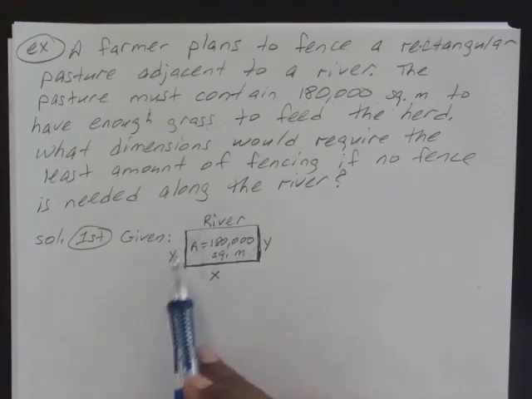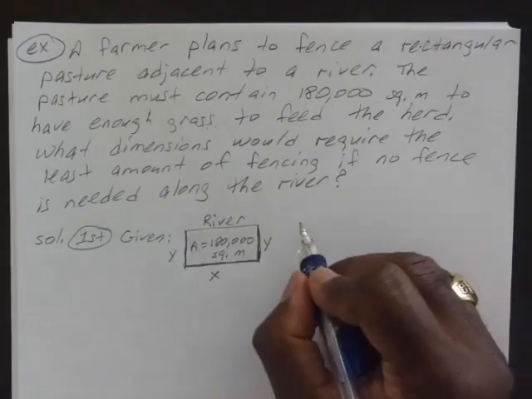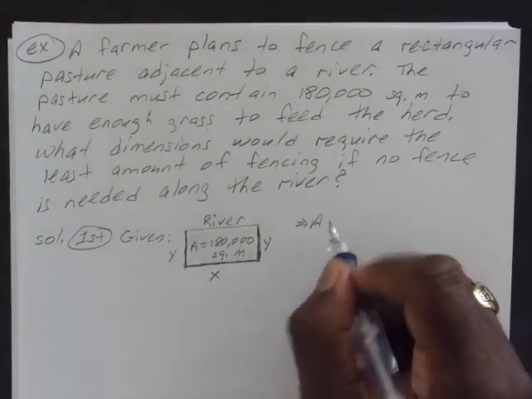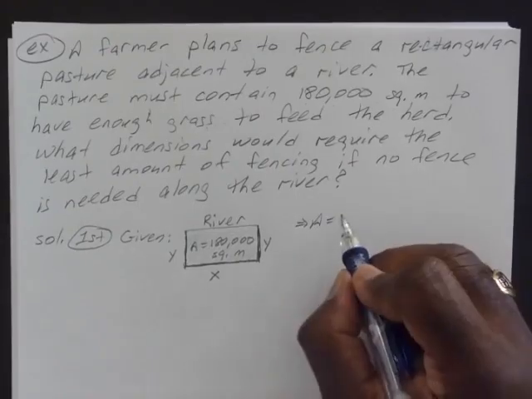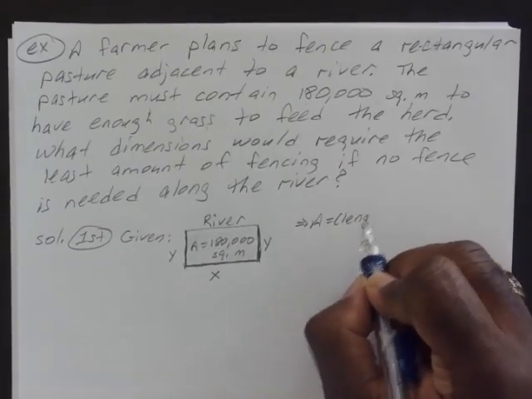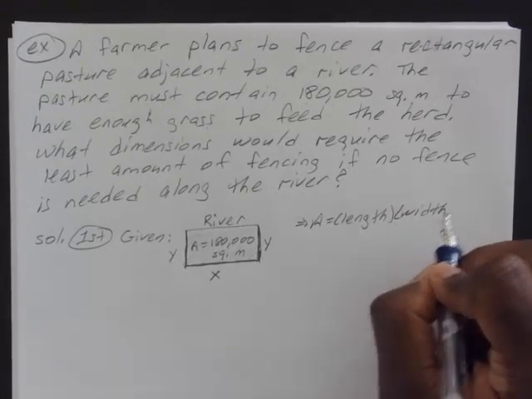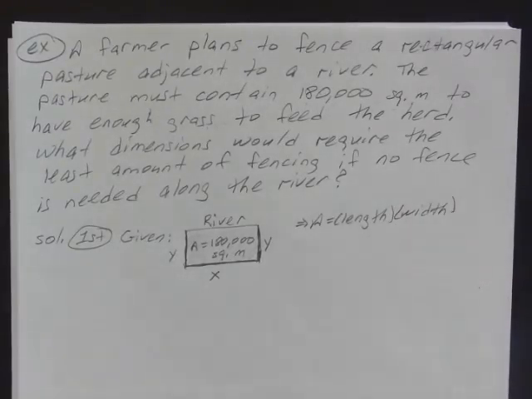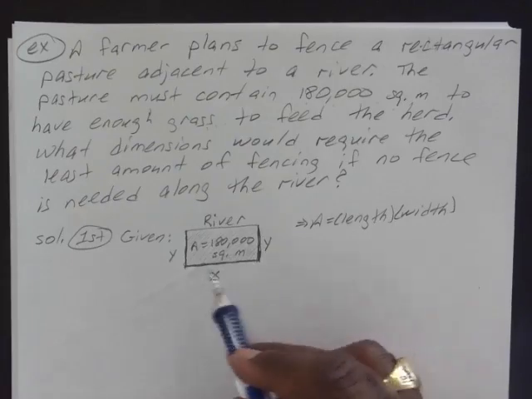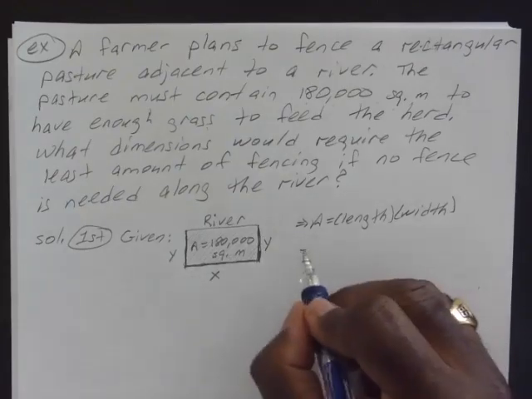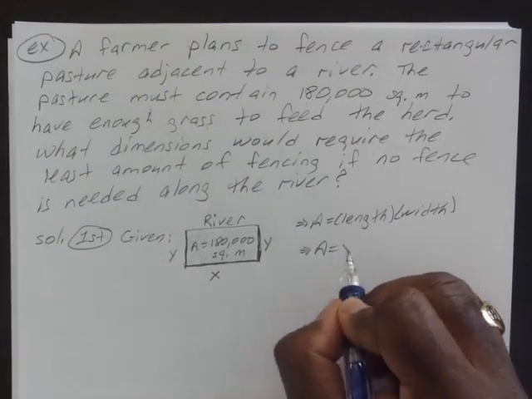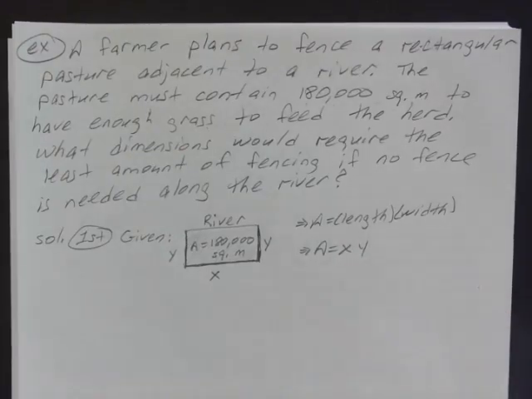Okay, so we know the area of this rectangular pasture is equal to the length times the width. Well, in this case, length times width is just x times y.